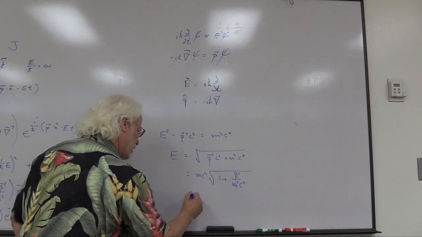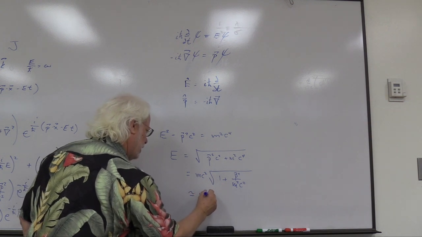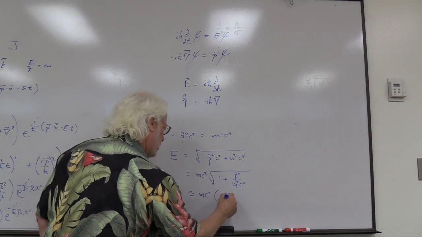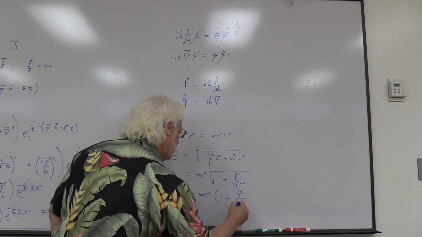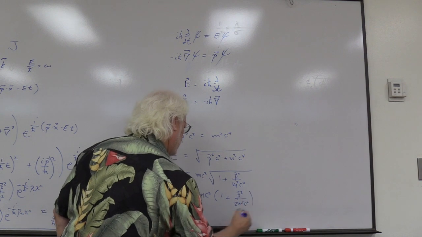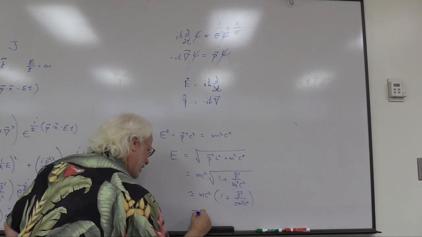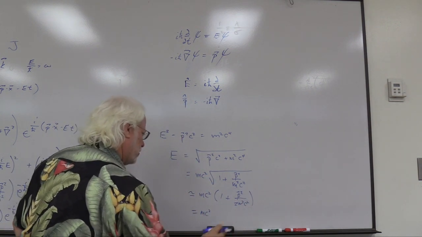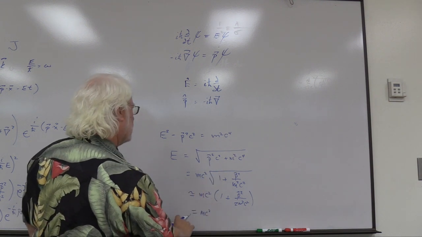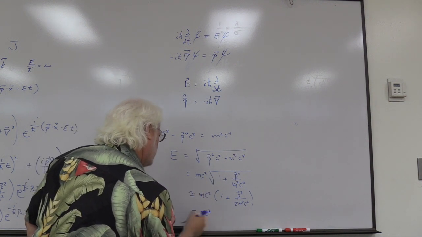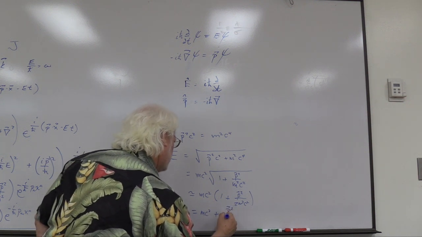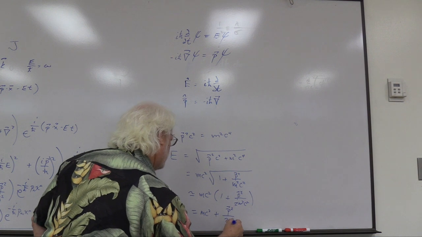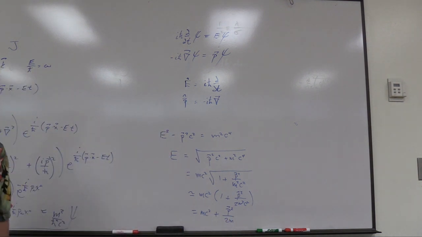And now, non-relativistic approximation, I can write that as mc squared times 1 plus p squared over 2m squared c squared. And that's just a constant, mc squared, plus, and now one of the m's cancels, I have p squared over 2m, just the usual classical kinetic energy.